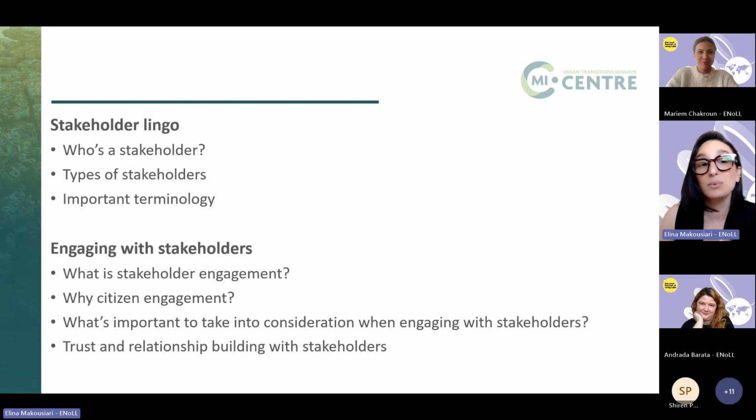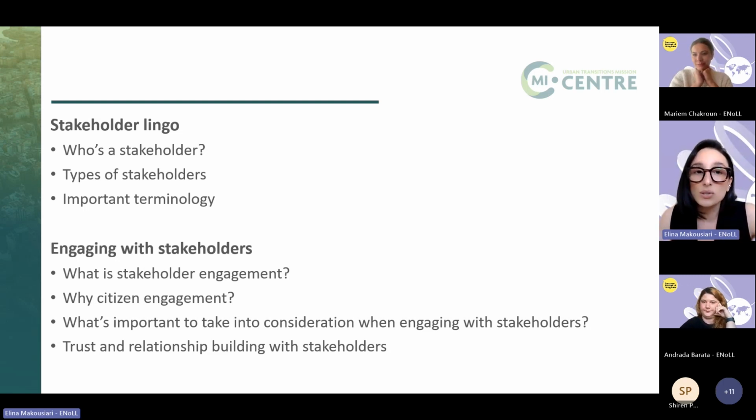Again, I'm really happy to be here to have this session on stakeholder engagement. So we will go through some stakeholder terminology, to see who we mean by a stakeholder, what the different types of stakeholders are, and some important terminology when it comes to stakeholders and stakeholder engagement, and then delve deeper into stakeholder engagement.